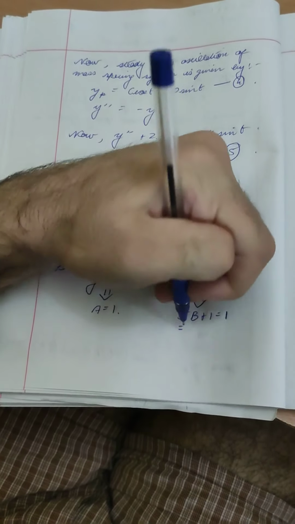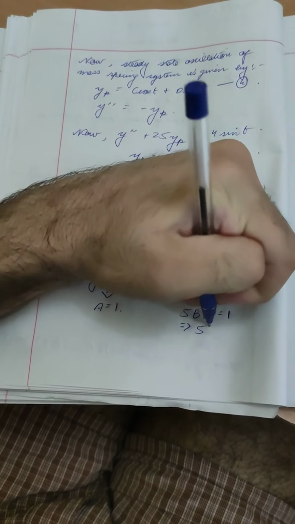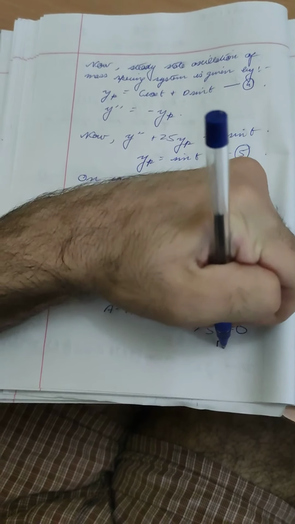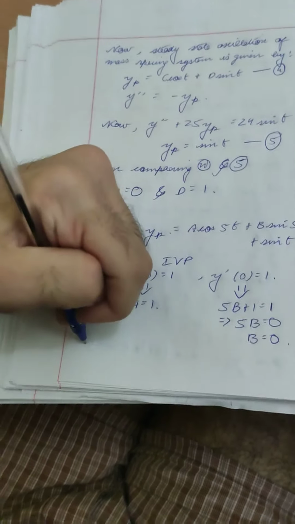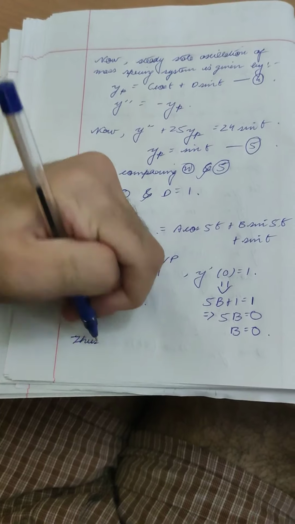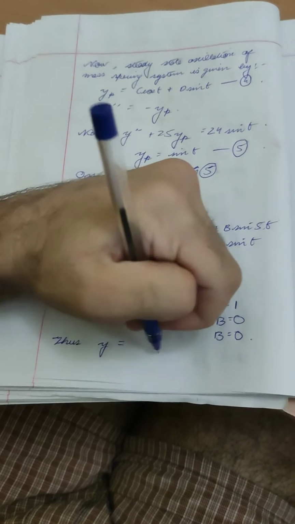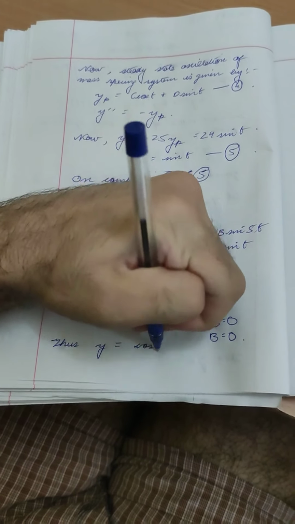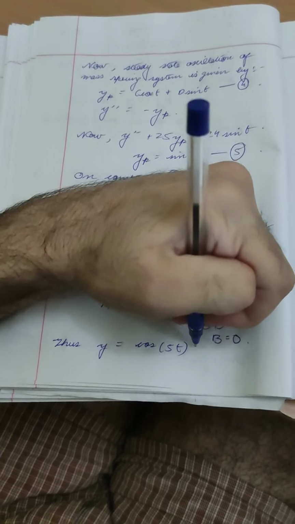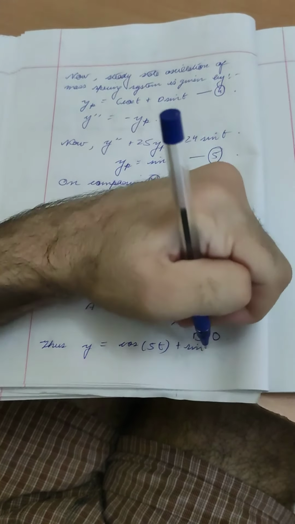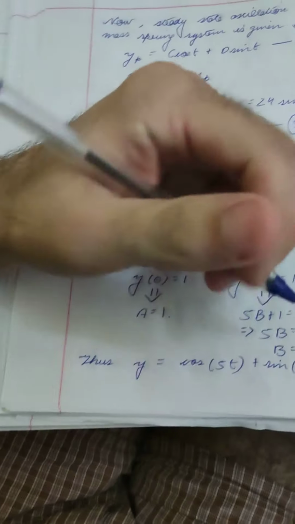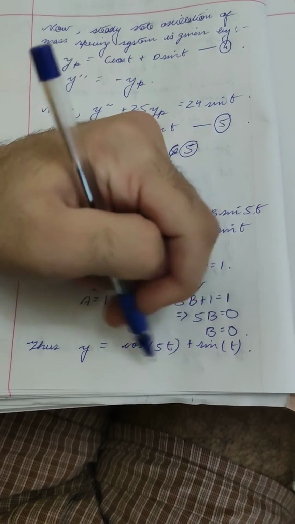So this would further result in 5b equals 0, hence b equals 0. Thus we conclude with the final equation as y equals cos 5t plus sin t. So this is our final equation.